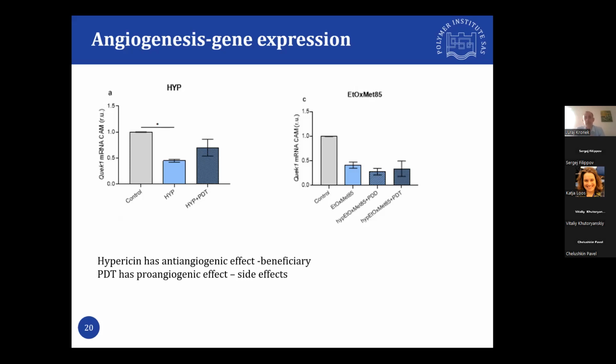When we use our formulation with hypericin, you can see an anti-angiogenic effect even after photodynamic therapy, which is a very promising result, and can have a synergic effect during the therapy.